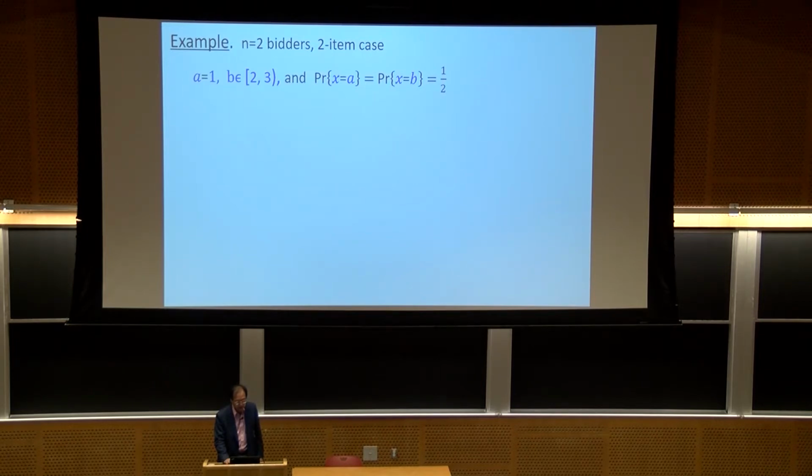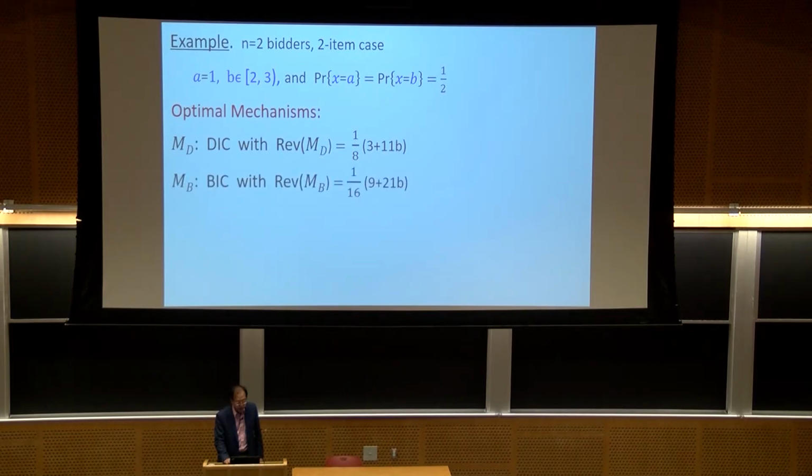The low and high valuations are equally likely. Now I'm going to first describe what the optimal mechanisms are for the dominant strategy and for the Bayesian strategy. The linear function corresponding to the revenue is as shown, and you can see that they are different.